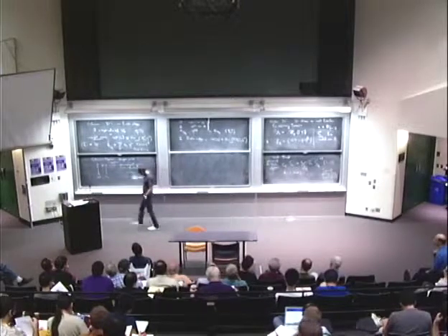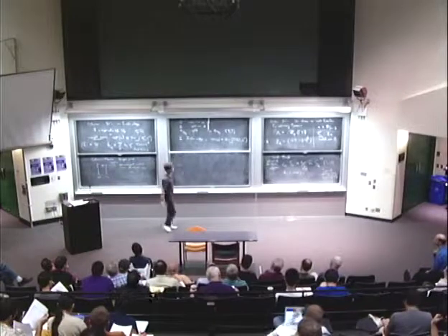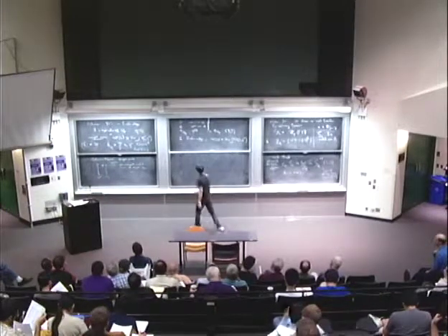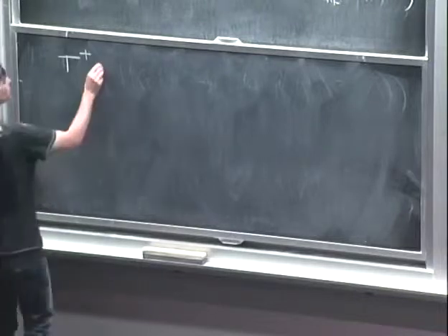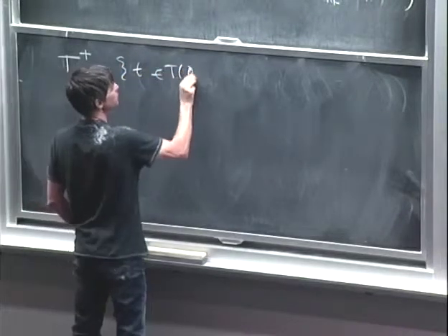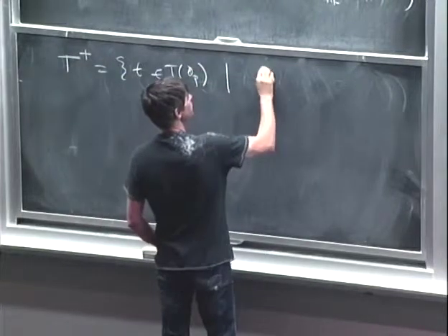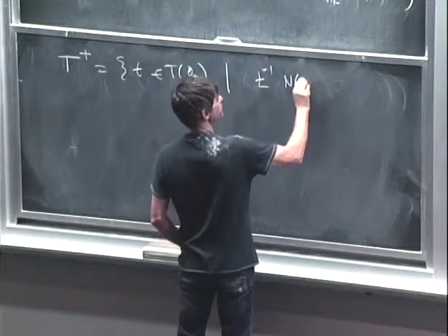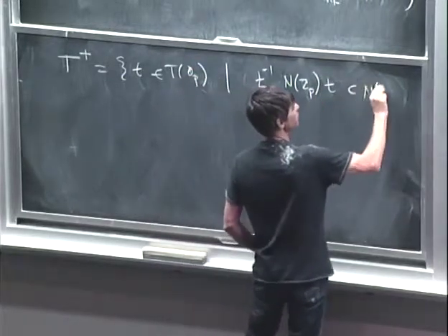In Coleman-Hida theory, the U_p operator played an important role. Here we have similar operators. The way to define them is the following. We consider T^+, the elements in T(Q_p) such that t^{-1} N(Z_p) t are included in N(Z_p).